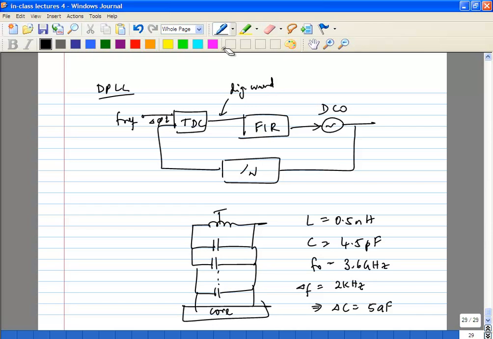For example, there are ways to do what is called phase modulation through the PLL, where your input, along with FREF, also has some phase modulation, and you can also give it inside this guy.